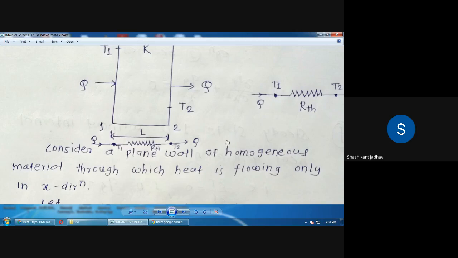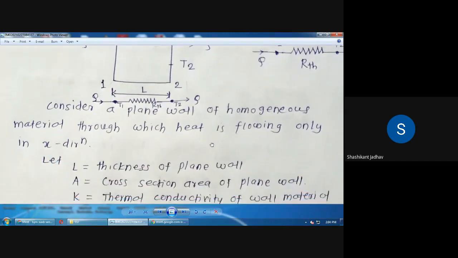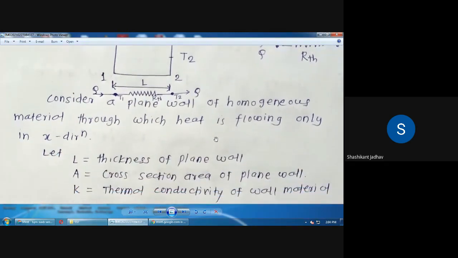Okay, we have to consider this is a homogeneous material and heat is flowing only in the x direction. Let capital L be equal to the thickness of the plane wall. So in the diagram L is given, and L is nothing but the thickness of that particular plane wall. So write down L is equal to thickness of plane wall.